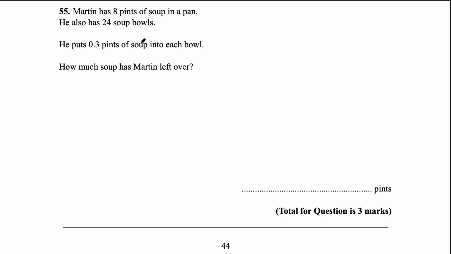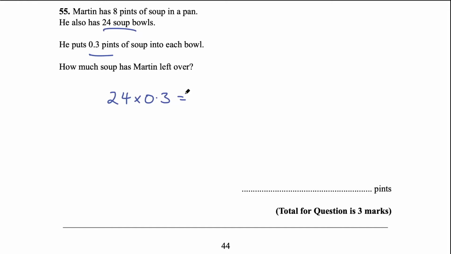£2.70. Question 55 says Martin has 8 pints of soup in a pan. He also has 24 soup bowls. He puts 0.3 pints of soup into each bowl. How much soup has Martin left over? Well, how much soup has he given out? If he's got 24 soup bowls, 0.3 pints for every bowl, he'll be giving out 24 times 0.3 pints. 24 times 3 is 60, and then plus 12, so 72.